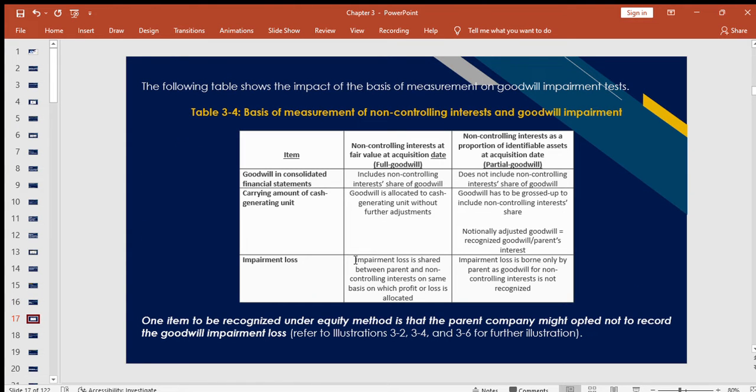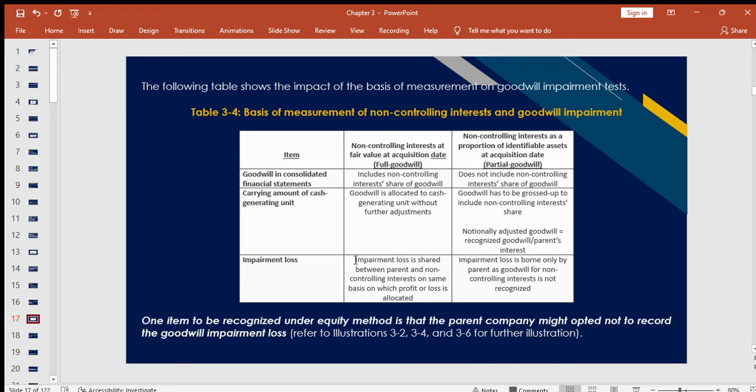So the following table shows the impact of the basis of measurement on the goodwill impairment test. So we use impairment tests when using the equity method, because of the recognition of impairment of goodwill.